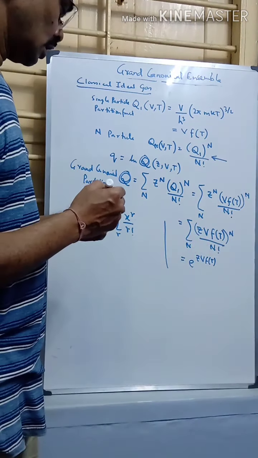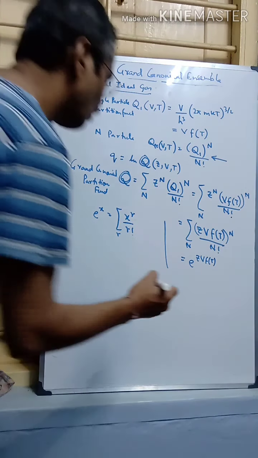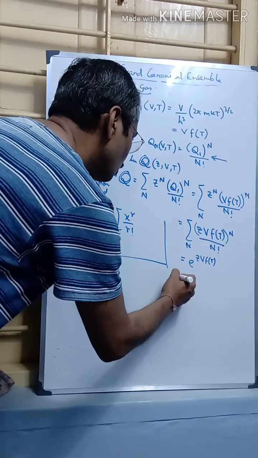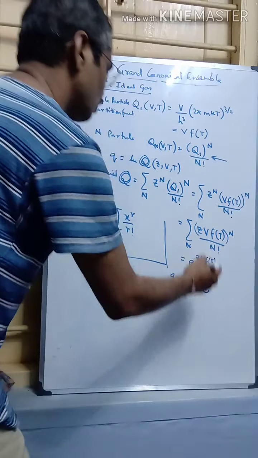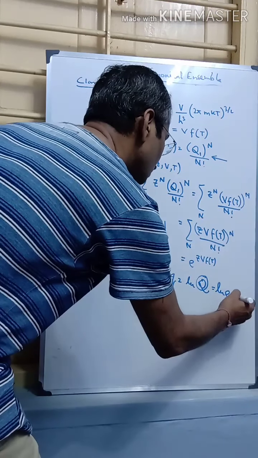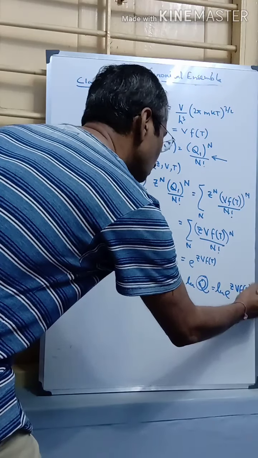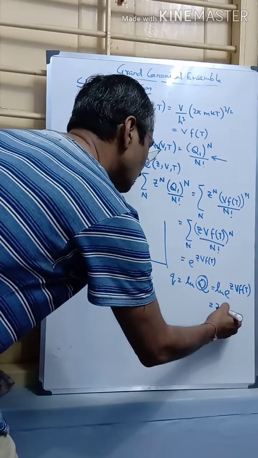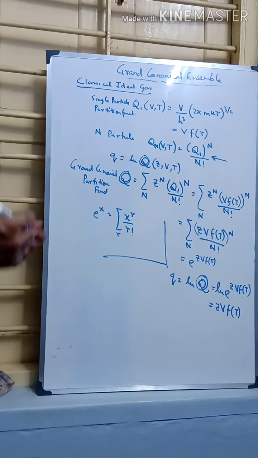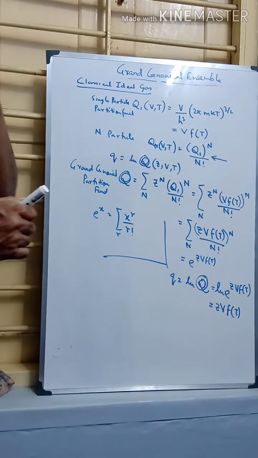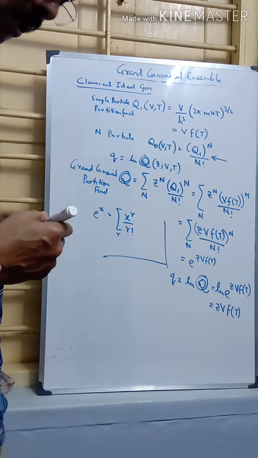So this is exponential z V f(T), and that simplifies our expression for Q. The ln of Q is going to give us ln of exponential of z V f(T), which is basically equal to z V f(T). And so we can define or derive the thermodynamic parameters, which are as follows.